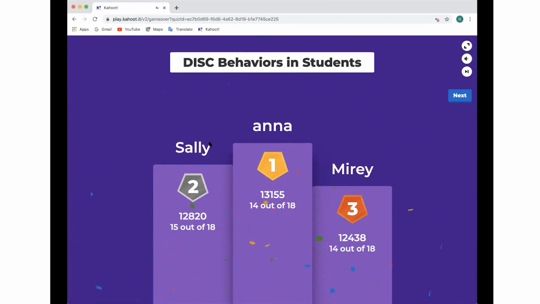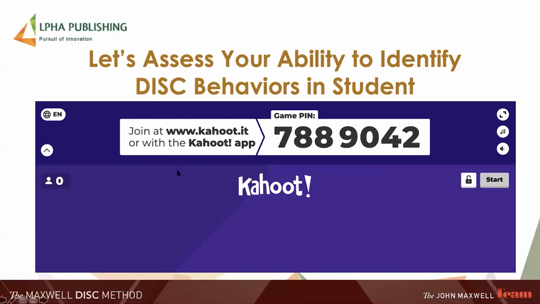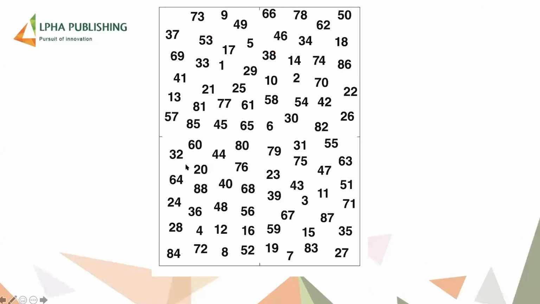All right, as we finish up, as we've said, people are different, but they're predictably different. Anna said, yes, I am definitely dominant. So she was happy that she was winning.